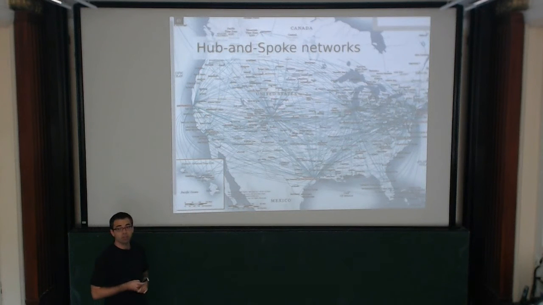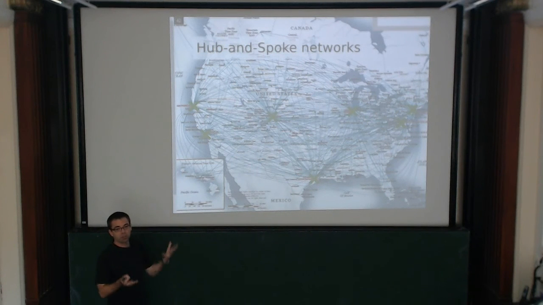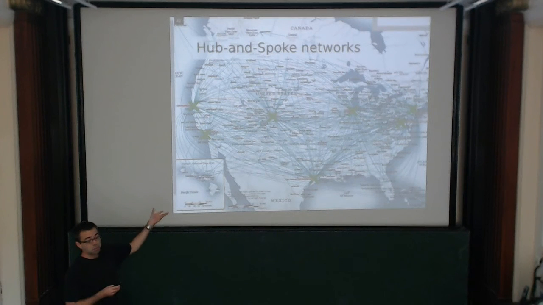Also, because all these small airports connect to these big airports, you get high-degree stars in your graph, so the doubling dimension will also be fairly large. But if you just put a hub onto each of these big airports, the graph is pretty sparse, so you can argue that the highway dimension will actually be pretty small for these graphs.